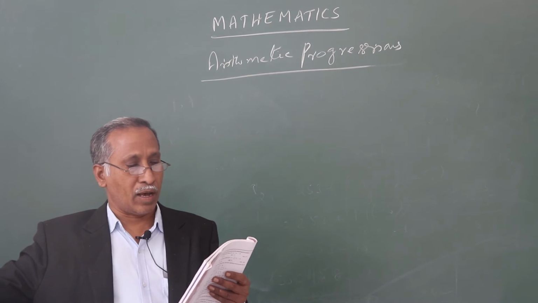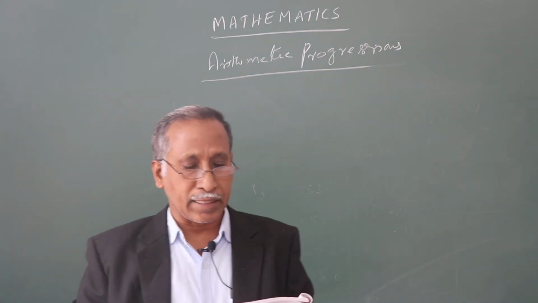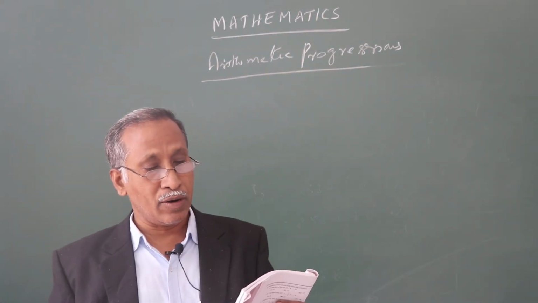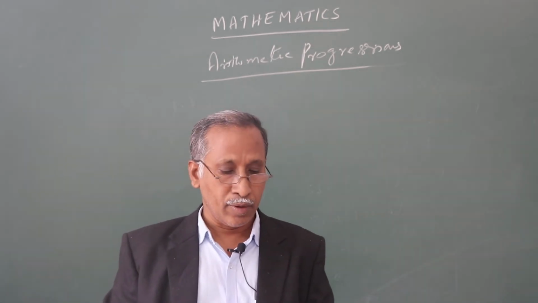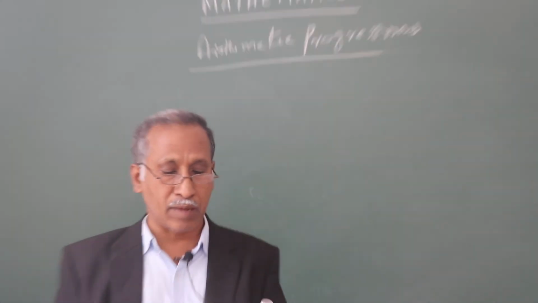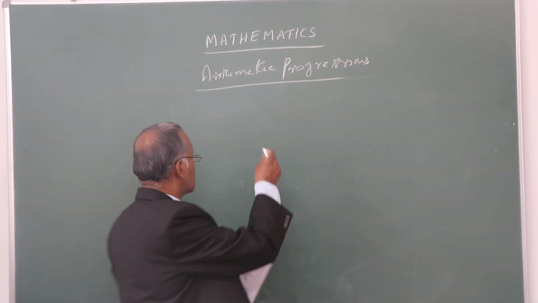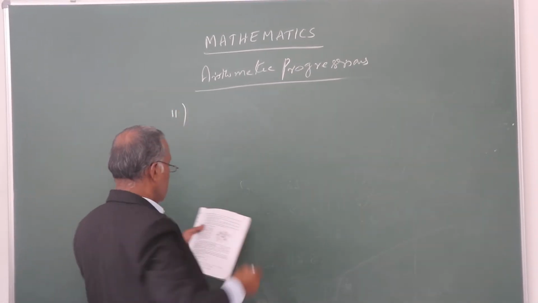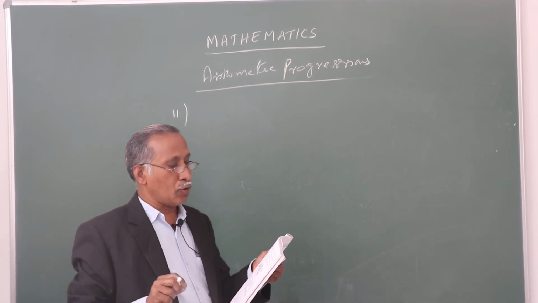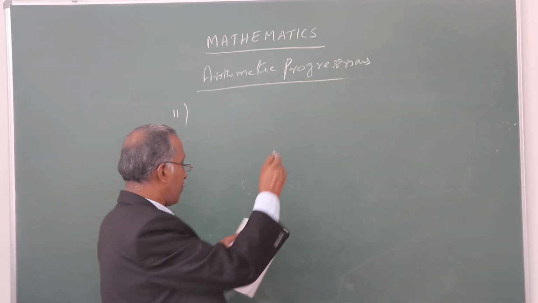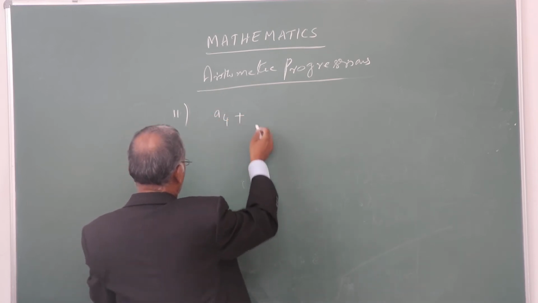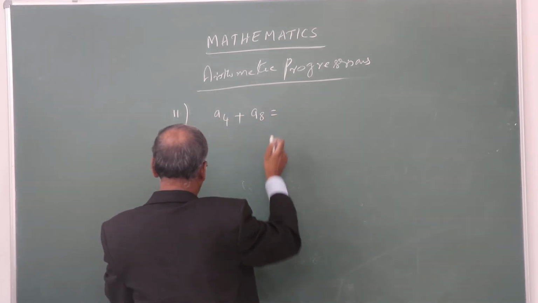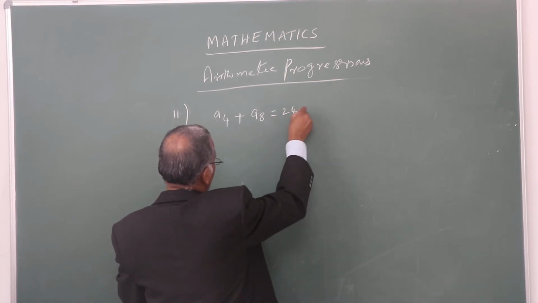The sum of the fourth and eighth terms of an AP is 24 and the sum of the sixth and 10th terms is 44. Find the first three terms of the AP. So, the sum of the fourth and eighth terms, that means a4 plus a8 is equal to 24.